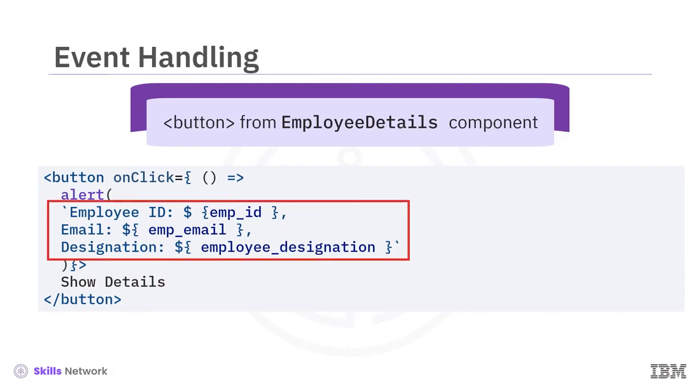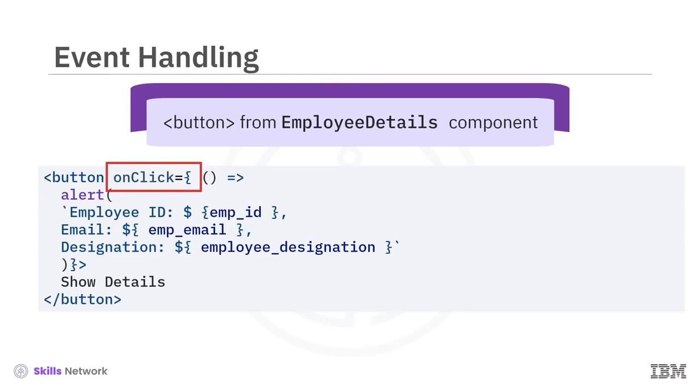The values of EMP-ID, EMP-email, and employee designation are used by this arrow function to create a warning message using template literals. This arrow function is run when the onClick attribute is set, showing the user an alert message. This method lets you handle events directly in the JSX code, making adding user interactions to React components easier.